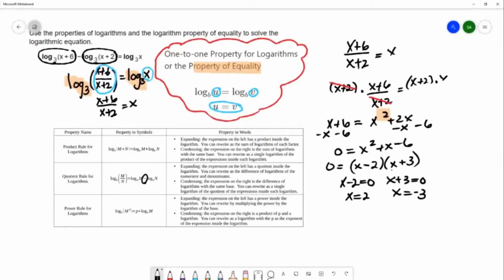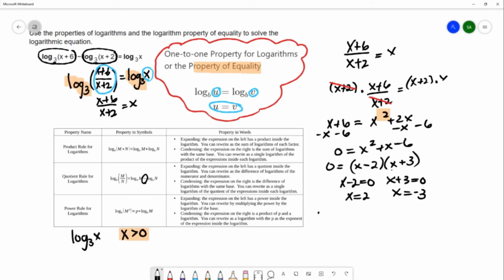When you have a log, for instance log base 3 of x, you're only allowed to substitute x's that are positive. Log of 0 is undefined and log of a negative is undefined. So anytime you solve an equation that involves logarithms, once you get your values of x, you need to check to make sure your values of x are in the domain of the original equation.